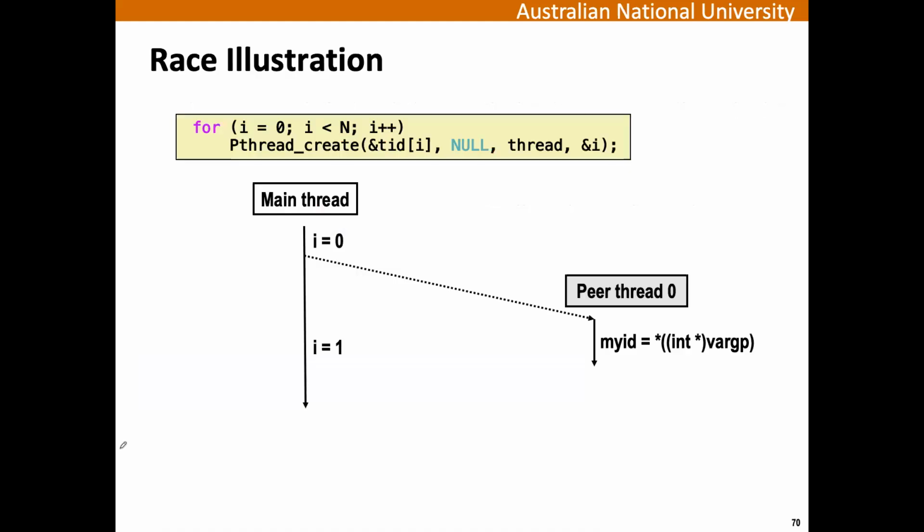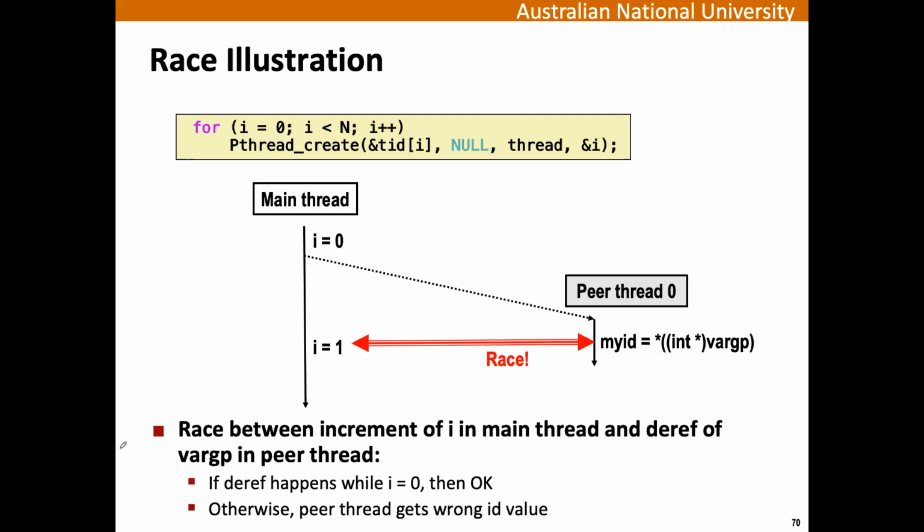The main thread is doing i+1, and the peer thread is dereferencing, and this is a race of what happens first. This is not provable, this is not correct. This will at some point always break. So the race is between the increment of i in the main thread and the dereferencing of the variable, the argument of the peer thread.